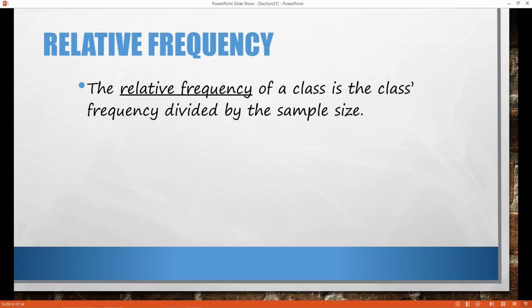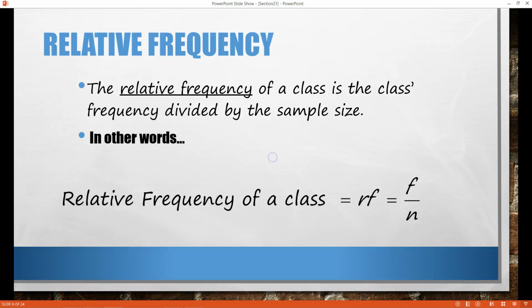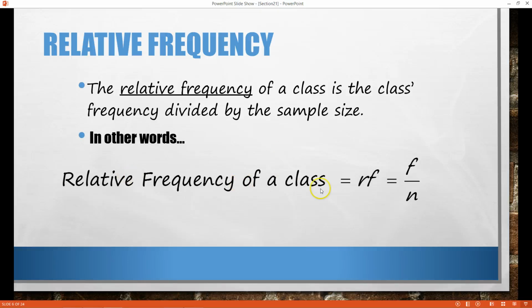First, we can say that the relative frequency of a class is the class's frequency divided by the sample size. In other words, let's put that in terms of a little formula here. The relative frequency of a class, I'll put RF for relative frequency, is equal to the frequency of the class divided by whatever the sample size is.